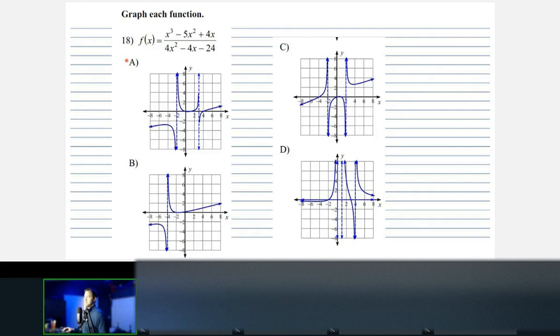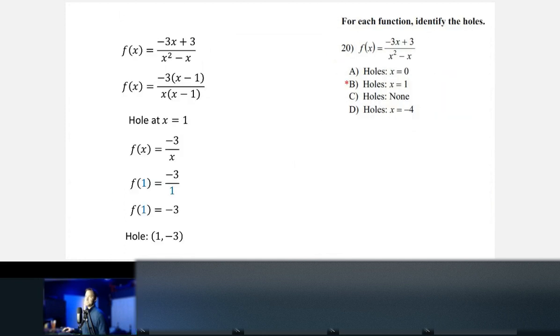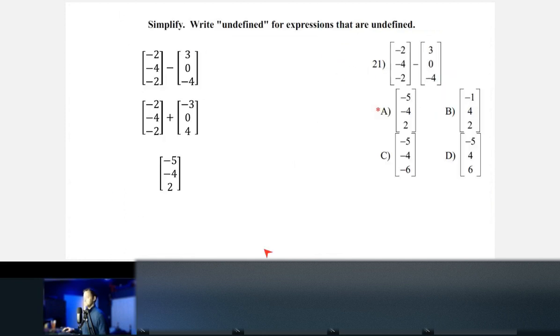So we had a question that says write define undefined for expression. So remember, whenever you add or subtract matrices that don't have the same dimensions, it would be undefined.